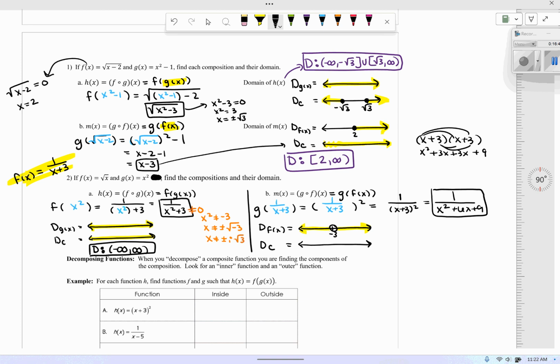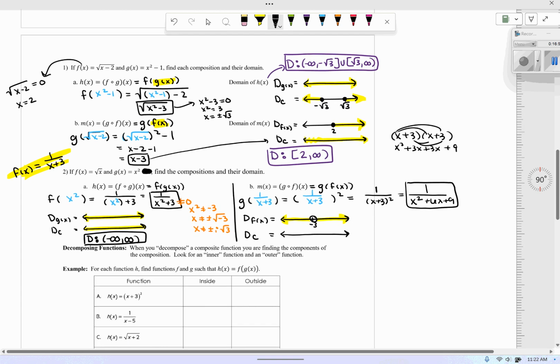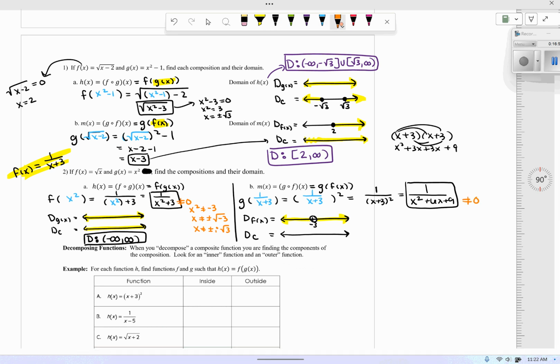And so now we're going to look at the domain of our composition and see where the two overlap. So for the composition, you'll notice that we have x squared plus 6x plus 9 in the denominator, so we know that cannot be equal to 0. And so for this one, you get the same thing. We already know that factors into x plus 3 squared cannot be equal to 0. So when you take the square of 0, it's just 0. So x plus 3 is not equal to 0. So x is not equal to -3.